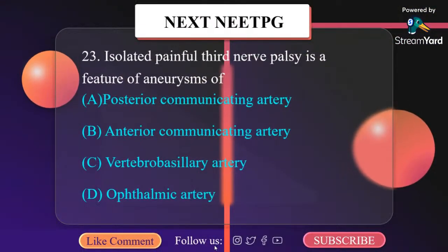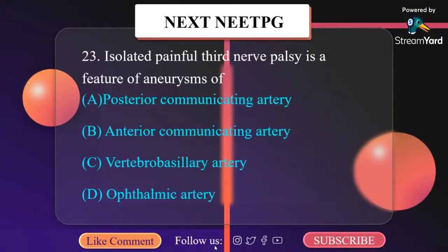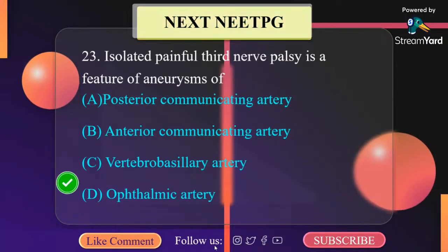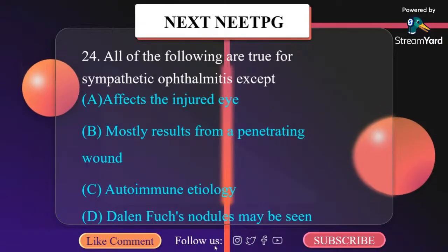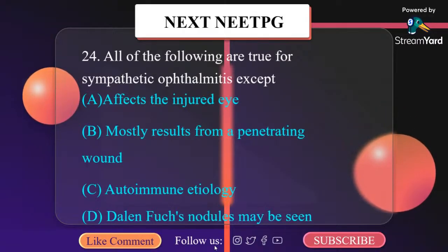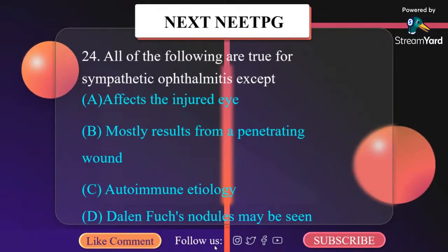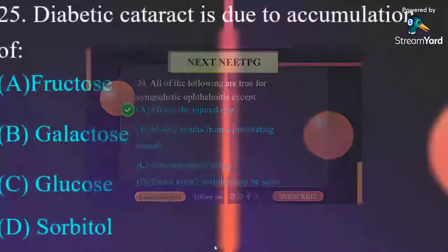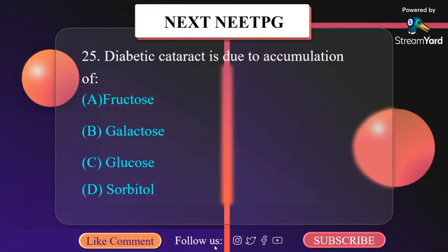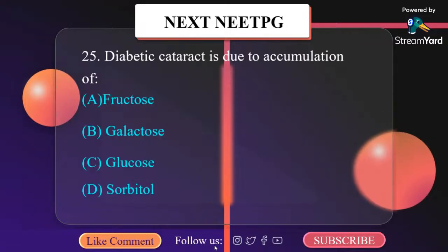Isolated painful third nerve palsy is a feature of aneurysm of ophthalmic artery. All of the following are true of sympathetic ophthalmitis, except affects the injured eye. Diabetic cataract is due to accumulation of sorbitol.